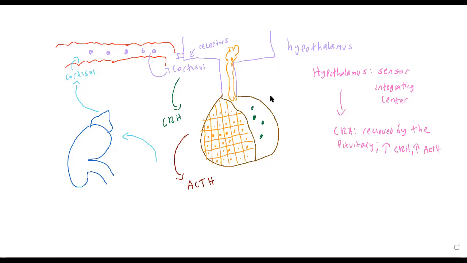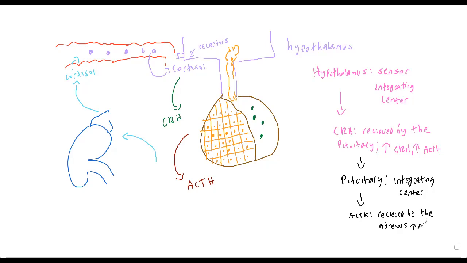CRH is going to be received by the pituitary, and the pituitary is not a sensor as much as it is an integrating center, because it is going to receive the amount of CRH and adjust its secretion of ACTH accordingly. So it's going to release ACTH, which is only received by the adrenals. And as I said, the more CRH is secreted, the more ACTH is secreted.